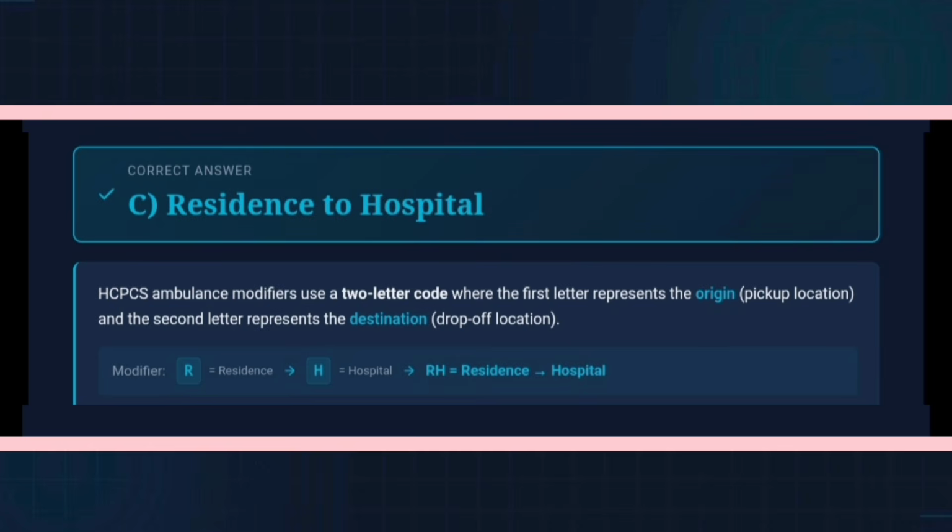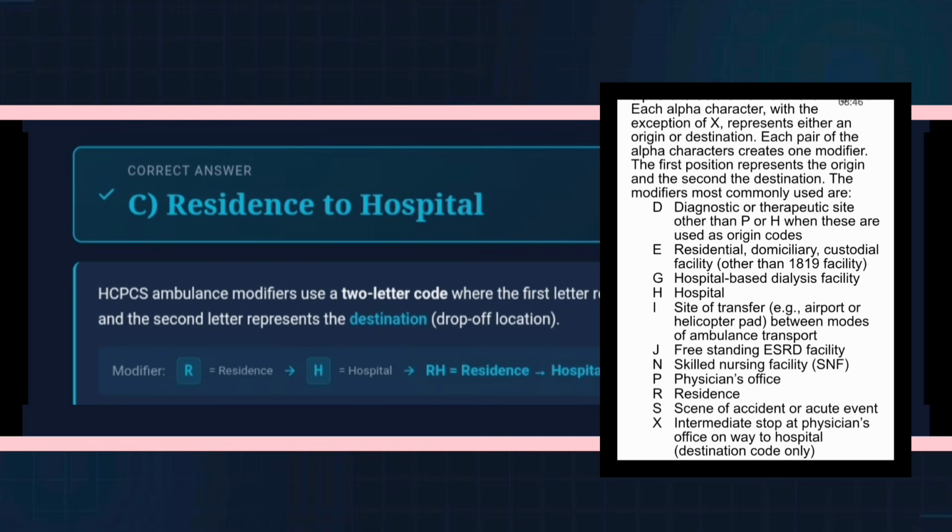Transportation services including ambulance, that is A0021 to A0999. You can see they have given each alpha character with the exception of X represents either an origin or destination. Each pair of the alpha characters creates one modifier. The first position represents origin, second the destination. Highlight this. So you can see H is hospital, R is residence. I hope you're clear with it.